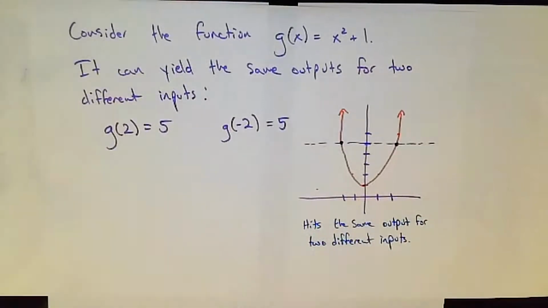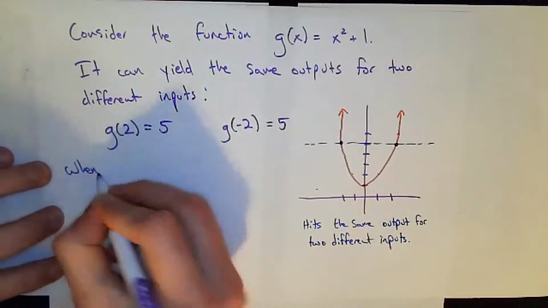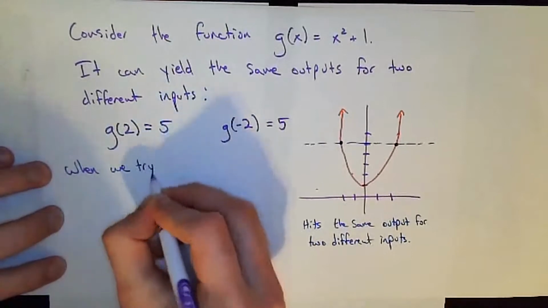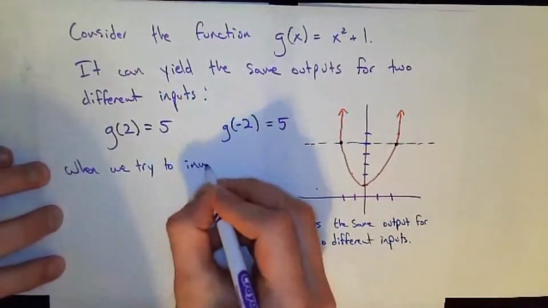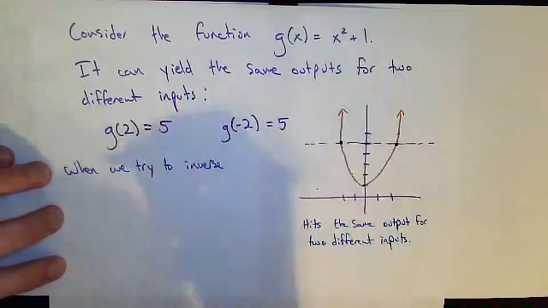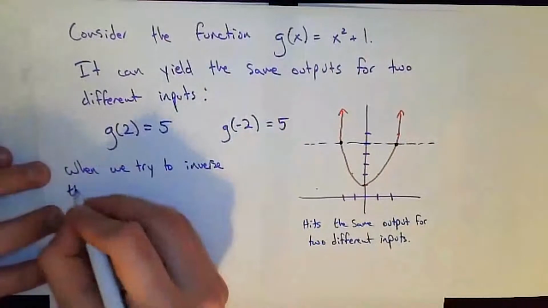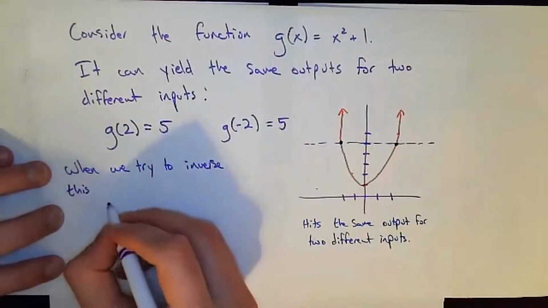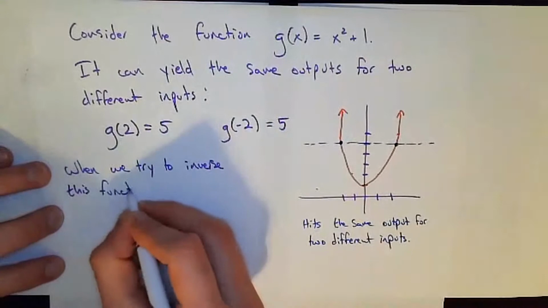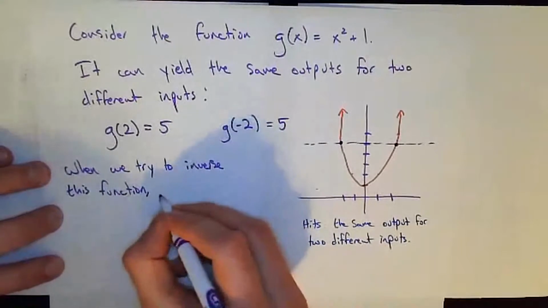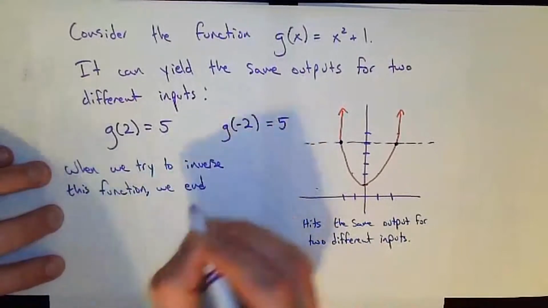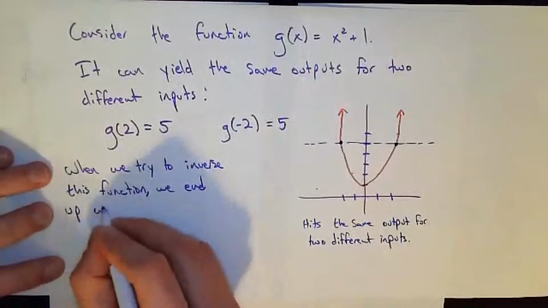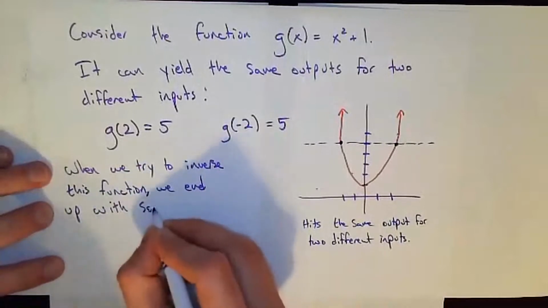Because when we try to invert this, here's the big problem. When we try to inverse this function, using inverse as a verb here, we end up with something that is not a function.